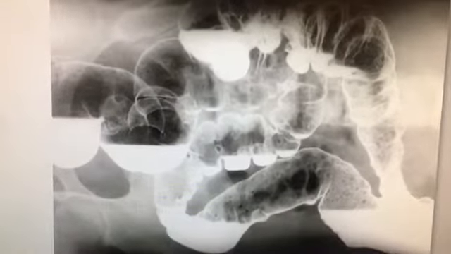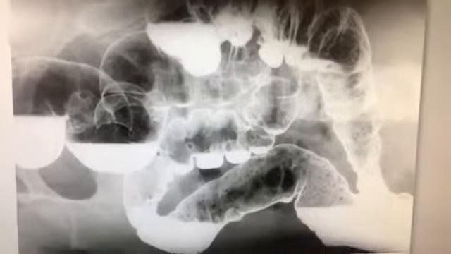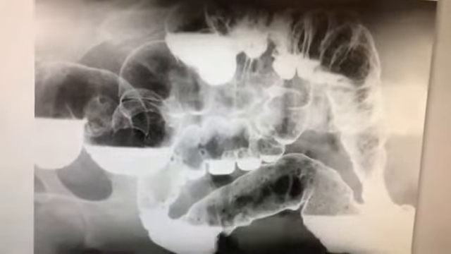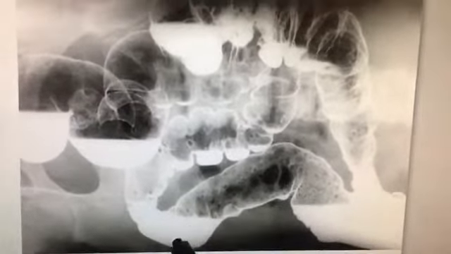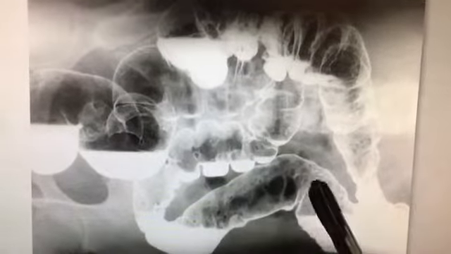Non-neoplastic is not cancerous, but they could be a precursor to cancer, or they could become cancerous. Obviously, you cannot see any polyps when there's contrast in the bowel. That's why we want to do a double contrast study to look for polyps, because you can only really see them in the air-filled structures.